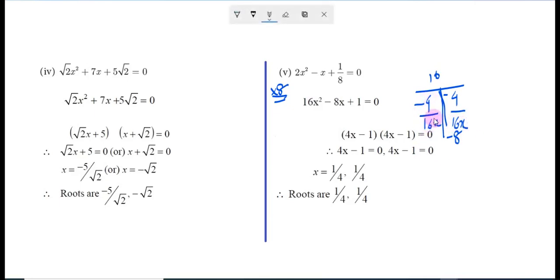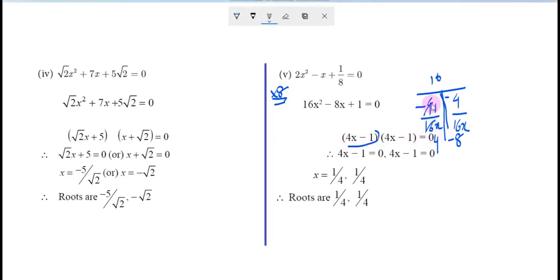Using the 4 table we may cancel, here 4, there 1, so 4x minus 1. Here 4, there minus 1, so 4x minus 1. The next side is also 4x minus 1, using the 4 table. Understood?